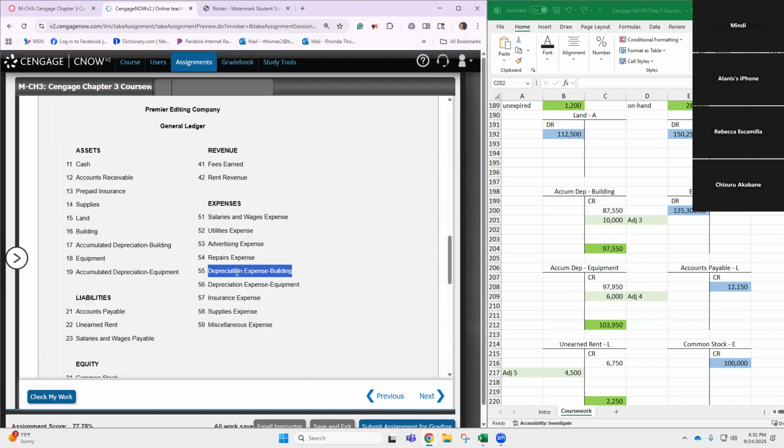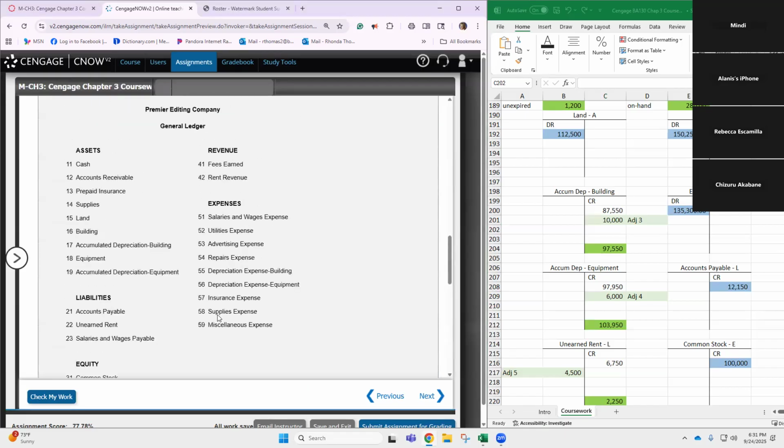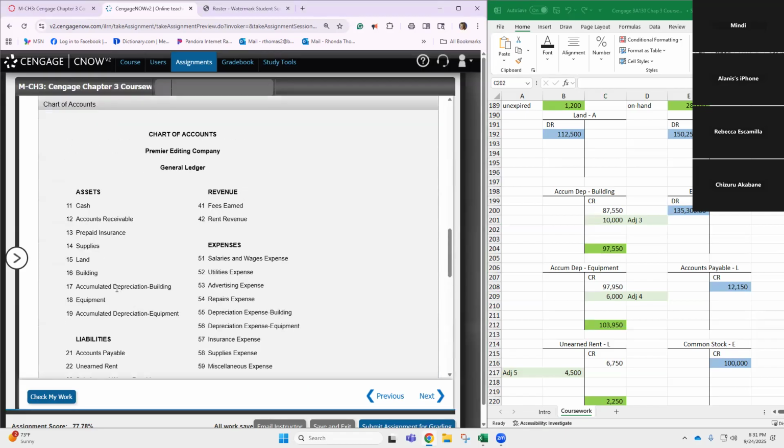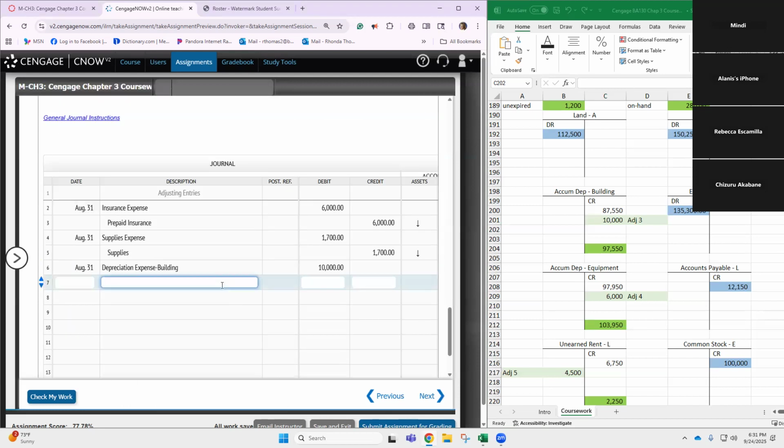Or if you want to type it in, that's perfectly fine. I'm going to be lazy. Okay, they said it's 10 grand. And the credit goes to that contra asset of the building, accumulated depreciation. Okay, for 10 grand. All right.